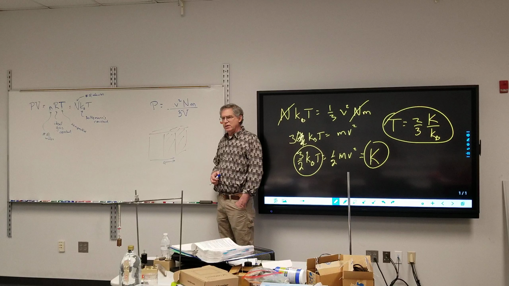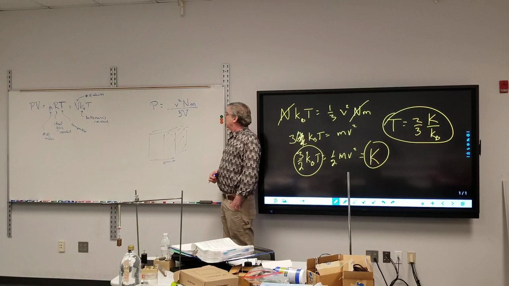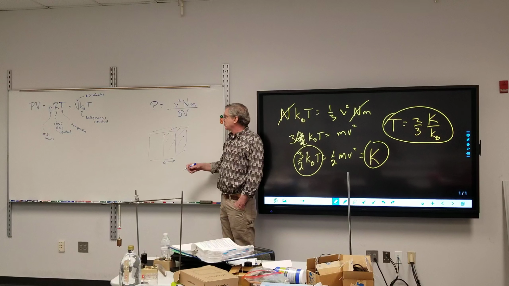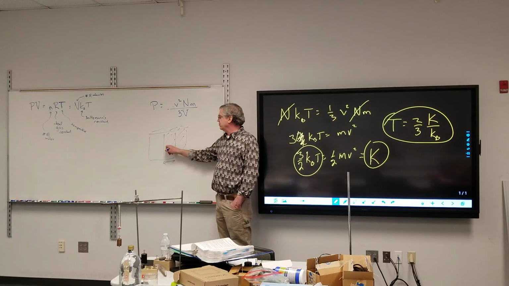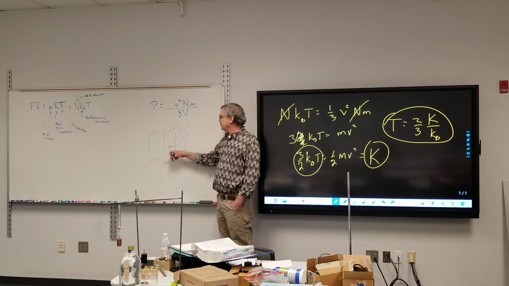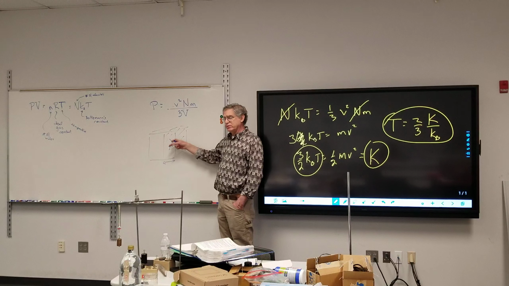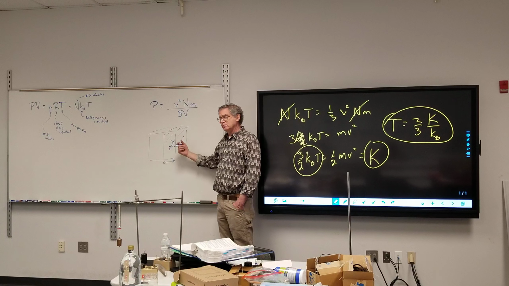So the top part of the formula is a combination of several things that we did last time. We had a certain number of particles in here. We looked at the impulse acting on the wall, which would be the negative of the impulse acting on the particle. Impulse is equal to the change in momentum, or force times time.